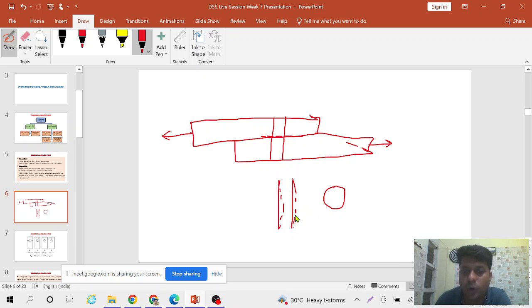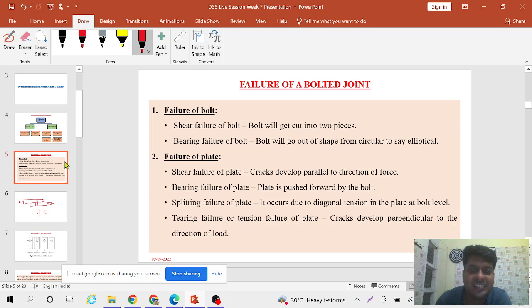Because of bearing, its cross-section shape will change from circular. So this is how bearing failure of bolt will occur.